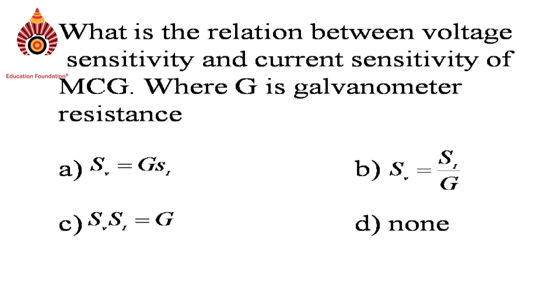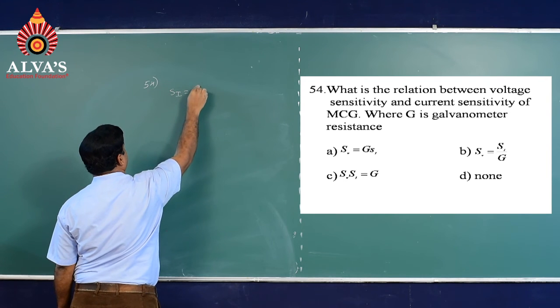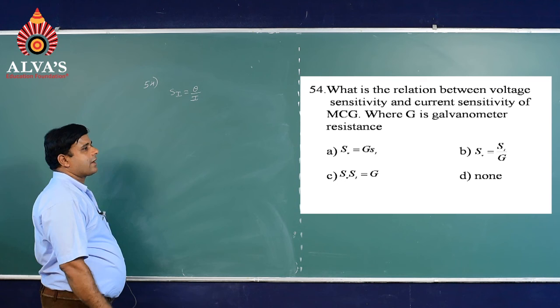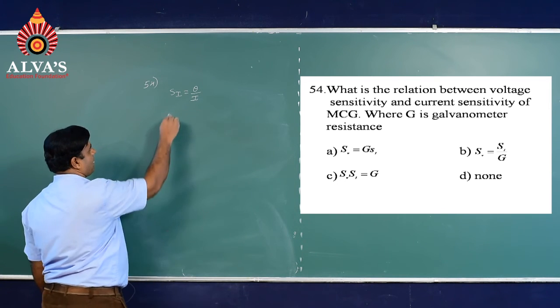What is the relation between voltage sensitivity and current sensitivity of a moving coil galvanometer, where G is galvanometer resistance? Current sensitivity SI is nothing but deflection divided by current. The current required for unit deflection is called current sensitivity.